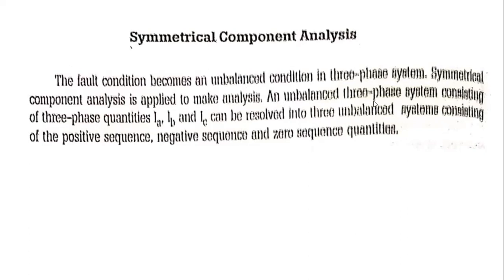An unbalanced three-phase system contains three-phase quantities, that is IA, IB, and IC: the current flowing through the A phase, the B phase, and the C phase.